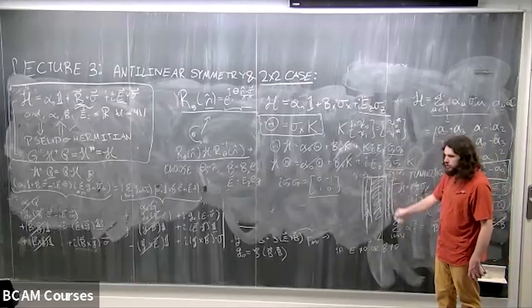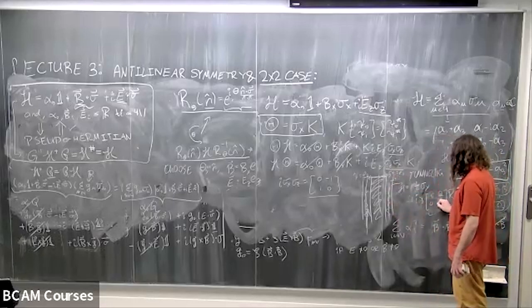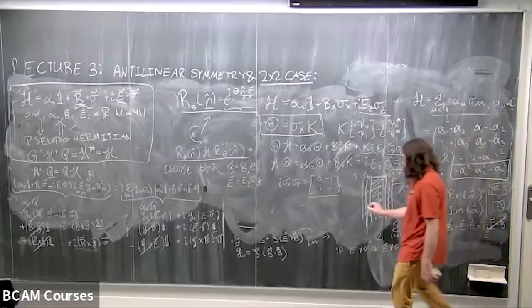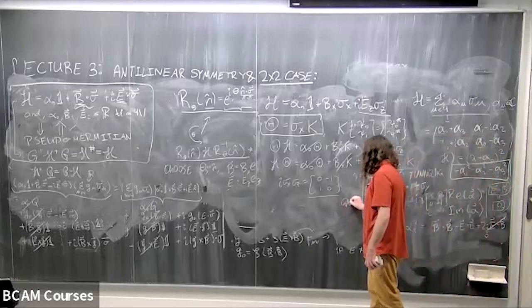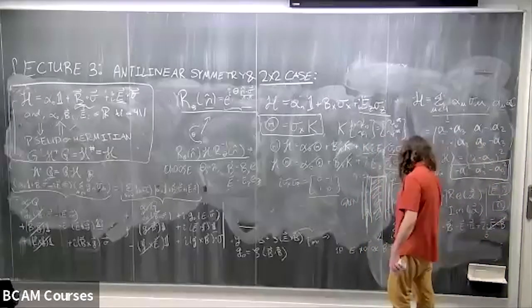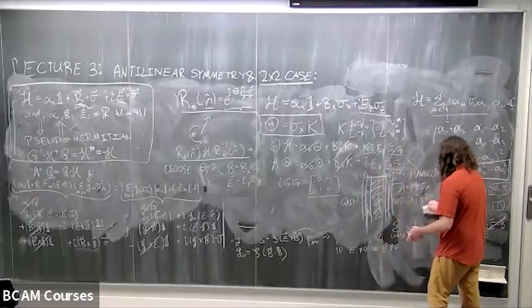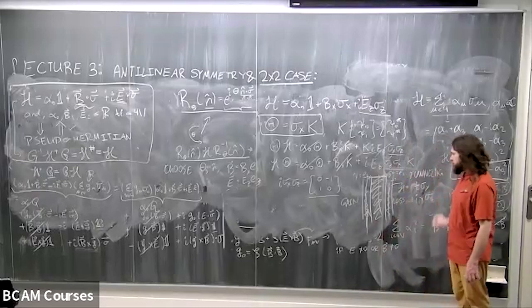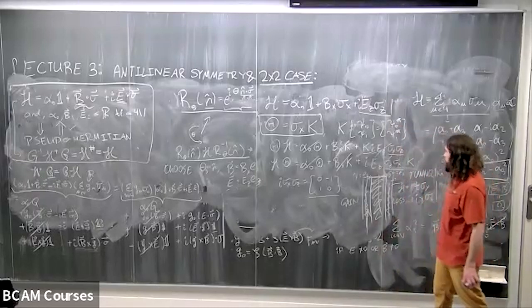So they have some attenuation over here, and physically that would be modeled with a Hamiltonian like this. So we have some gain in the left channel, loss in the right channel. And the Hamiltonian looks like this. So this Hamiltonian looks exactly like that.